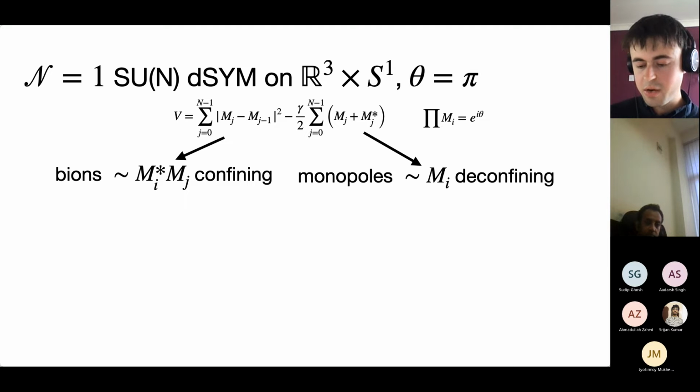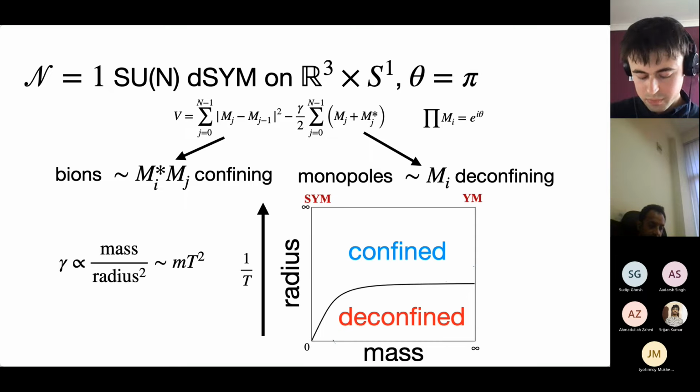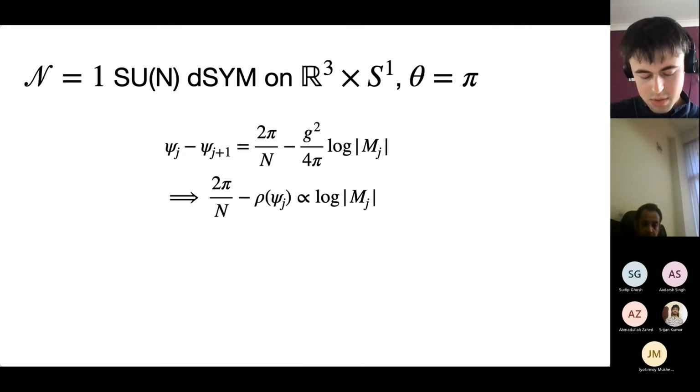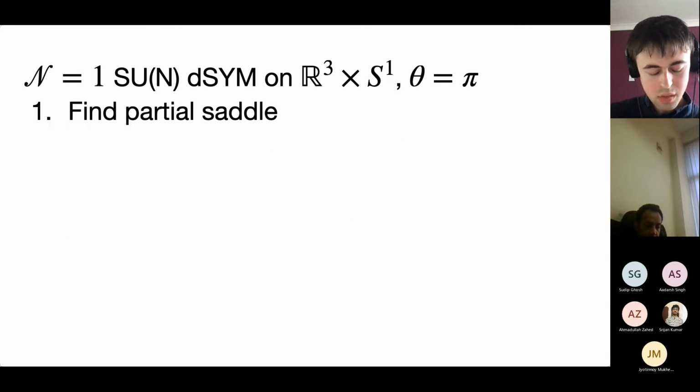But there are also monopoles which encourage deconfinement. I will skip the details, but our procedure will be like before. First, we find the partial saddle. And second, we check symmetries at the Gross-Witten-Wadia transition.